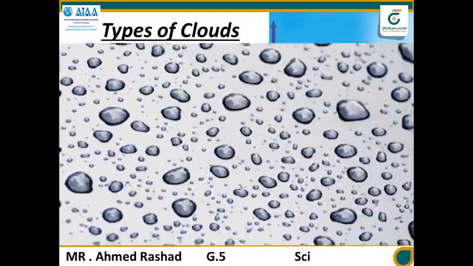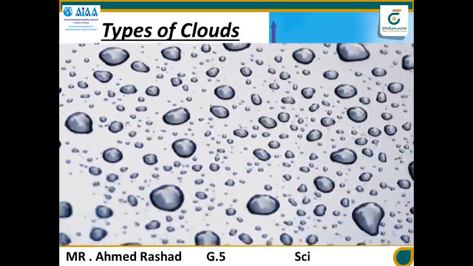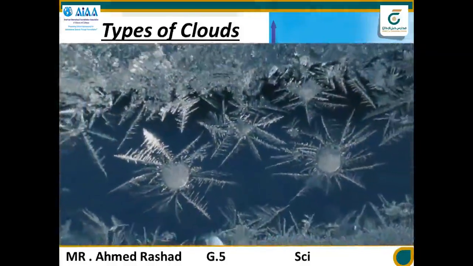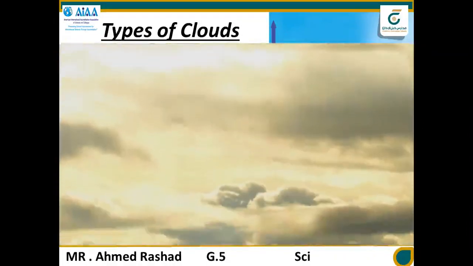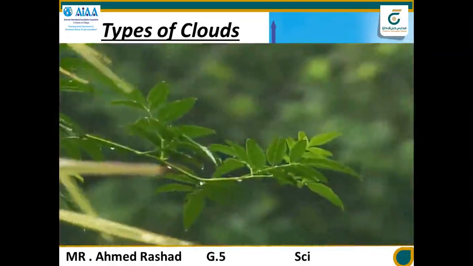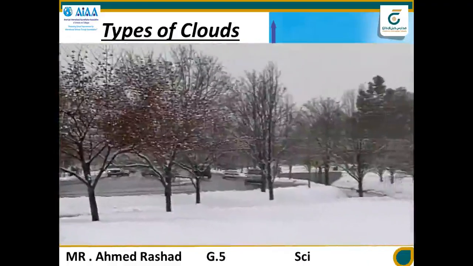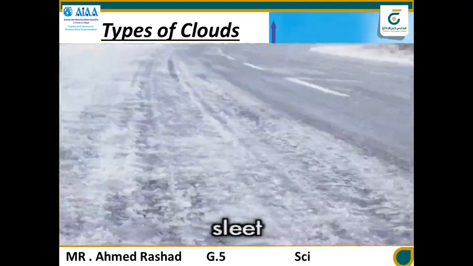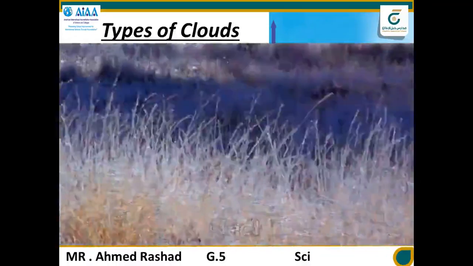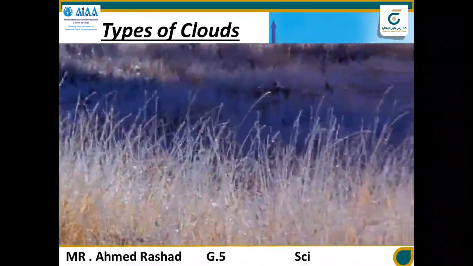Depending on the temperature, clouds can be made of water droplets or ice crystals. When these particles join together, they make larger particles that fall out of the cloud, creating precipitation. Rain and snow are two types of precipitation. Sleet is one type of precipitation in which frozen raindrops fall from clouds.